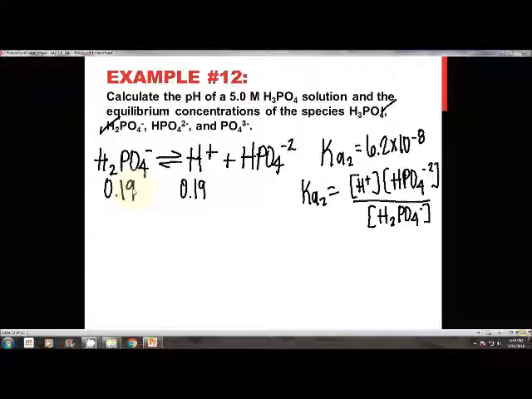And it's also what the H2PO4 is. So the only thing we don't know initially in our ice chart, which I'm sorry, I forgot the I, is the HPO4 minus 2, okay?